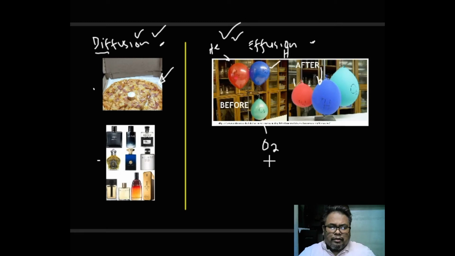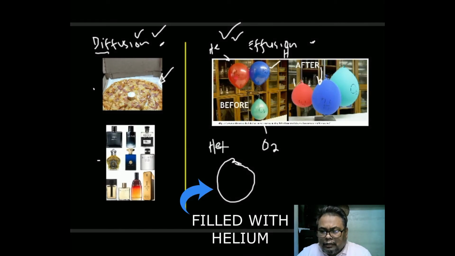What is effusion? Effusion is a process by which the gas escapes from its container through a tiny hole into an evacuated space. Let me show you an example again. Helium-filled balloon.